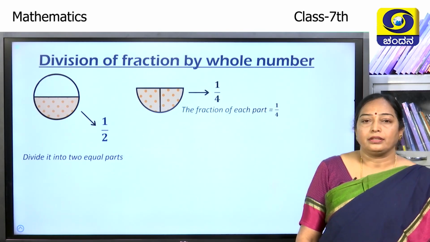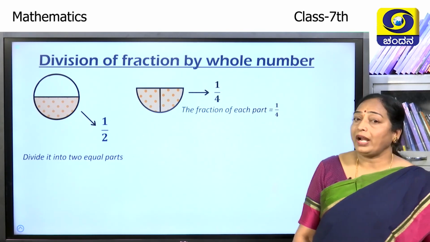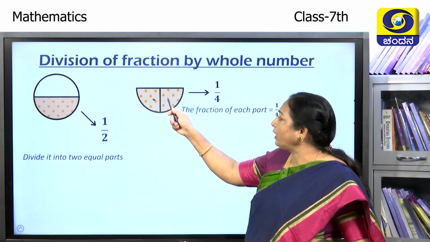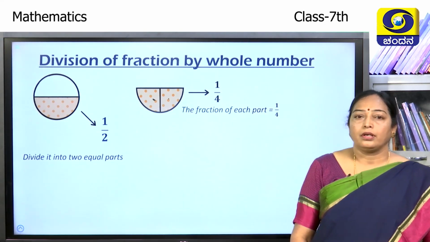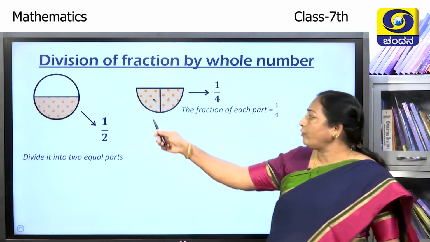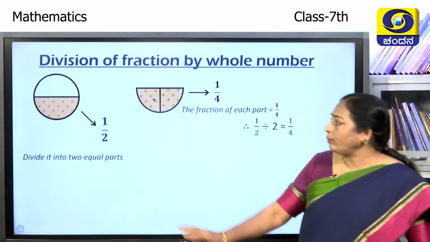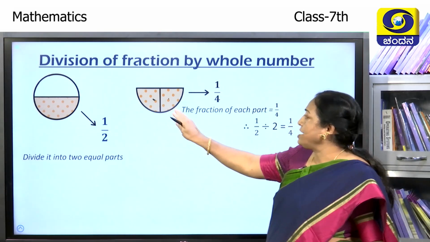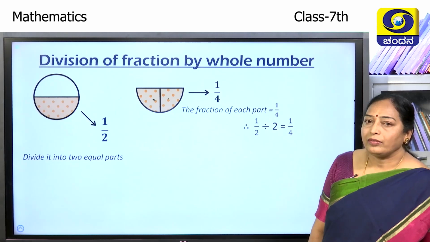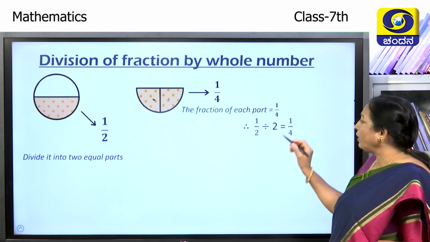Each part shows 1 by 4. The fraction of each part shows 1 by 4. How many 1 by 4 parts are here? 2 parts. Therefore, when the half part is divided into 2 equal parts, each part is 1 by 4.